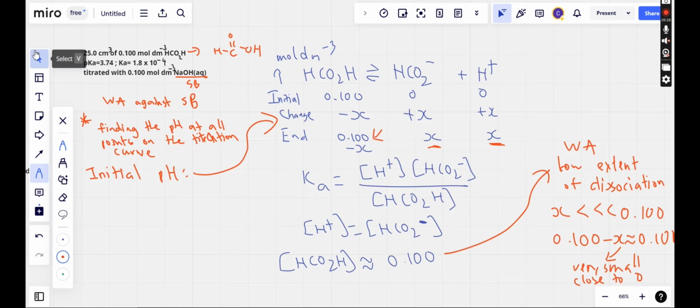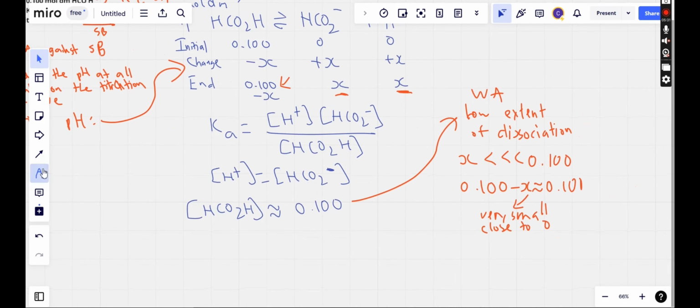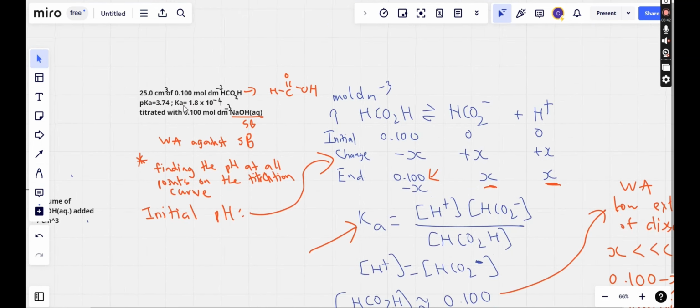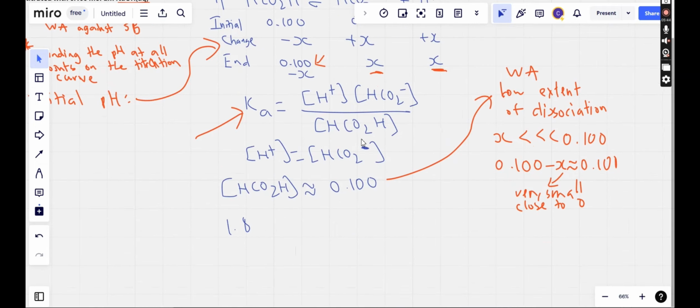Okay, so now you plug all the values into this equation. I have already put the value here. Ka is 1.8 times 10 power negative 4. So 1.8 times 10 power negative 4 equals H squared, because H plus is equal to HCO2 minus.